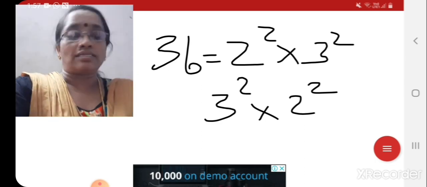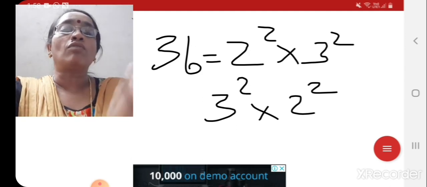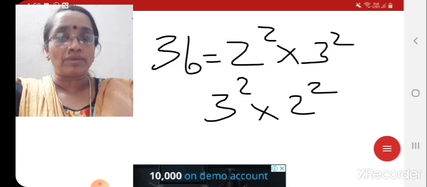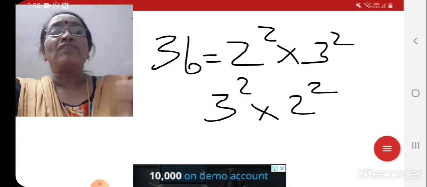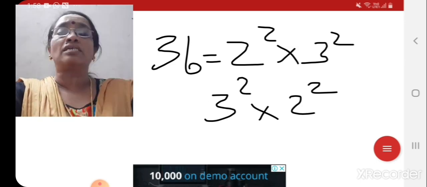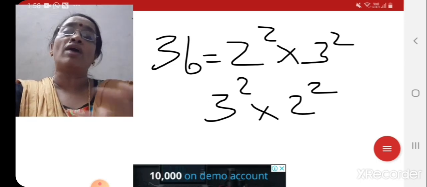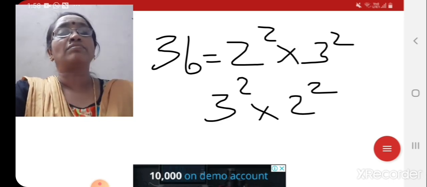If a factorization only involves prime numbers, that is prime factorization. Is there any other way to write 36 as a product of primes, except these two ways?